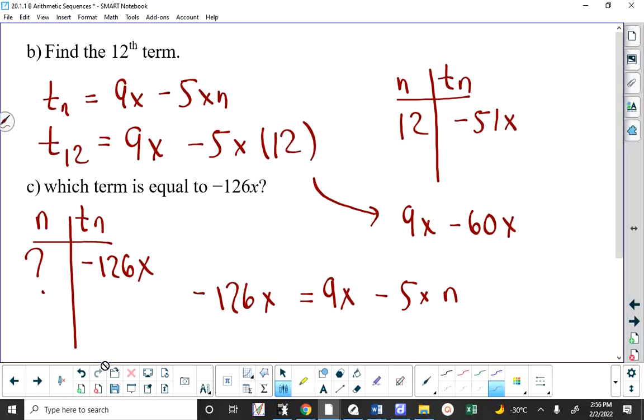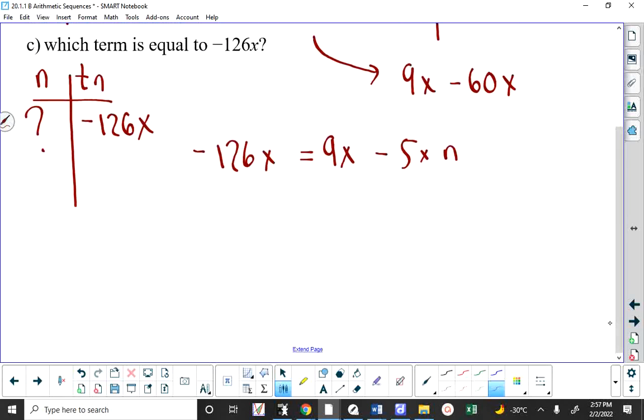An equation should be thought of as like a teeter-totter or a seesaw that's in balance. As long as whatever I do to one side I do to the other, it stays equal. It stays in balance. So if I divide both sides by x, which means I divide this by x, and this by x, it's still a true equation.